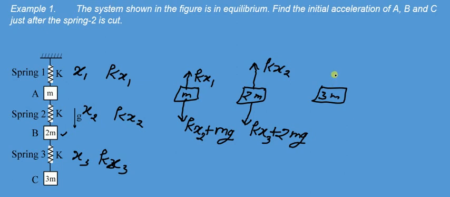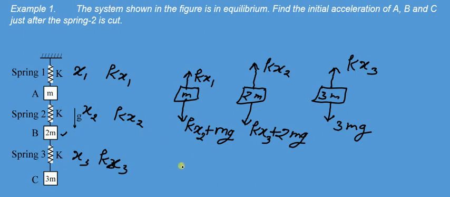And on block of mass 3m, force kx3 will be in upward direction, and a gravitational force 3mg will be in downward direction.